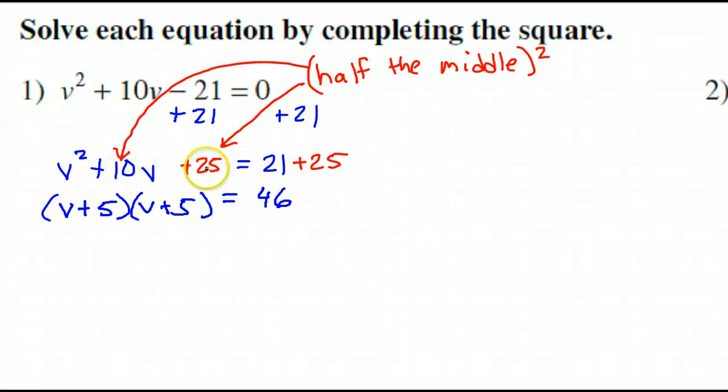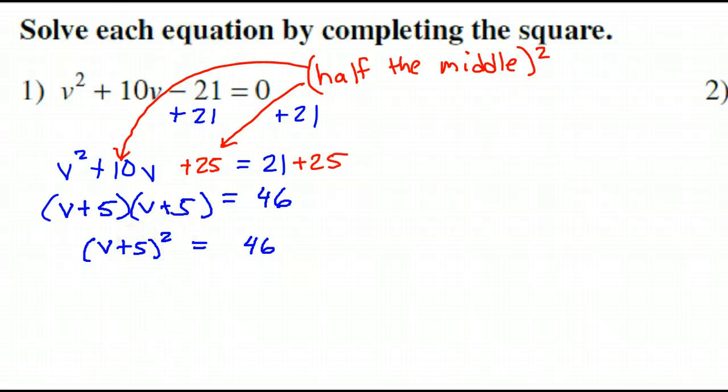If we do half the middle squared, we will always get a trinomial that can be factored by doing the same binomial times itself. And the advantage of having this is that we can rewrite it as v plus 5 squared, okay, is equal to 46.